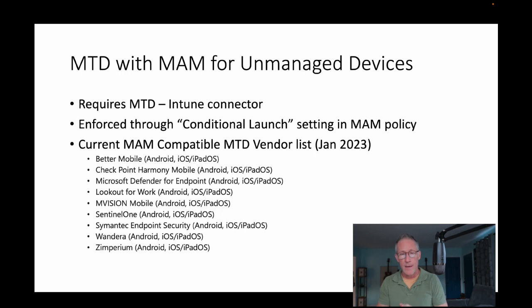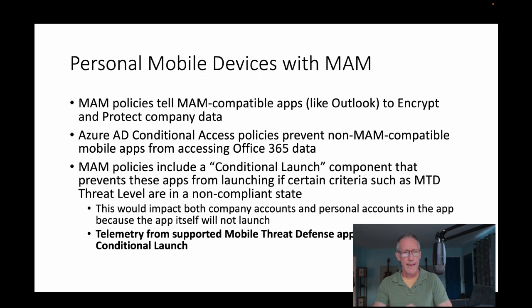Again, there's a list of MAM compatible MDT vendors, shorter than the full enrollment device list. Most of these are the same, though. All right, so personal devices is what we're really talking about usually for MAM. We choose MAM because we can't get full control over the devices because users don't want to enroll with our service. If they enroll with our service, well, we'll probably end up having to buy them phones, right?